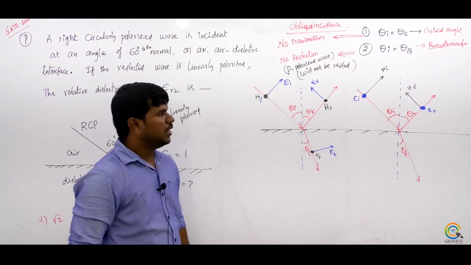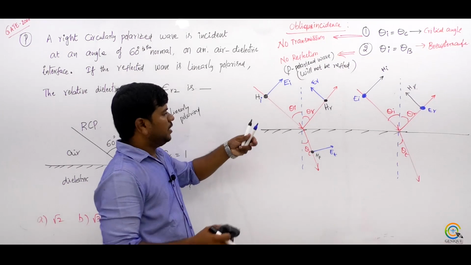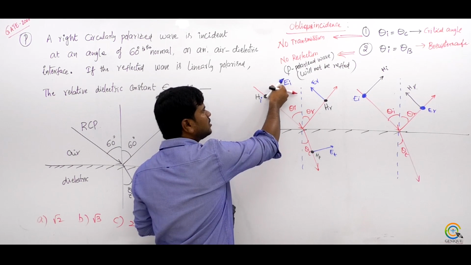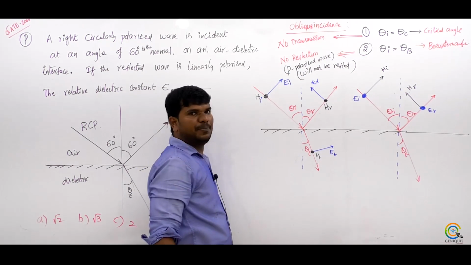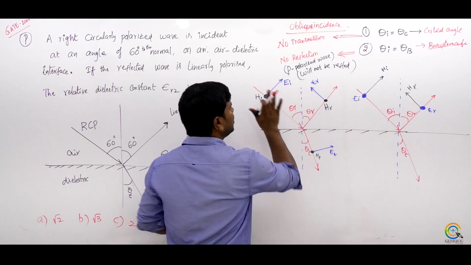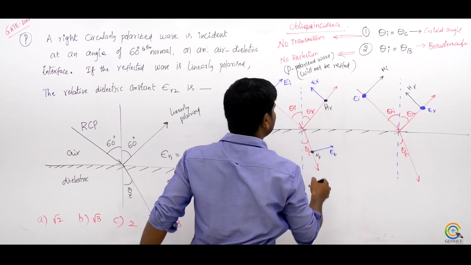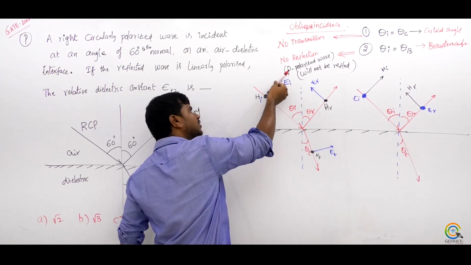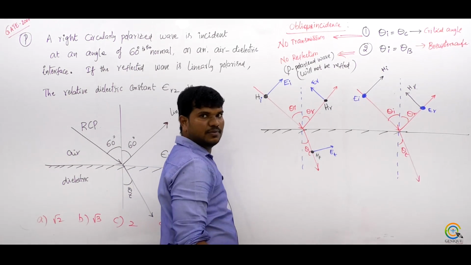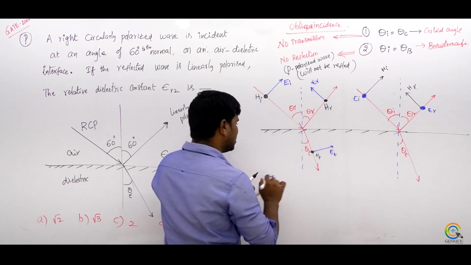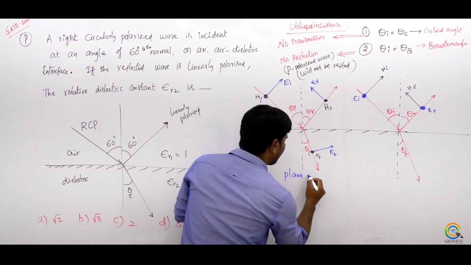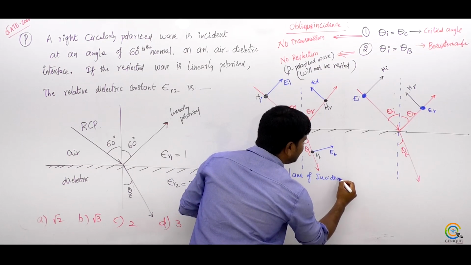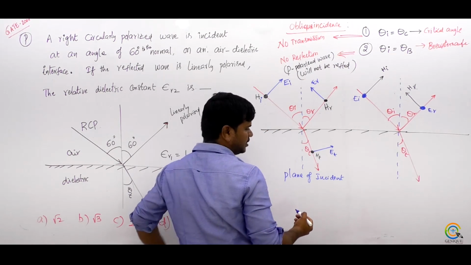Now, if you observe, this electric field is on the plane of incidence. Suppose it is X, Y, it will be the XY plane. The electric field is lying on the plane of incidence. How is the electric field oriented?